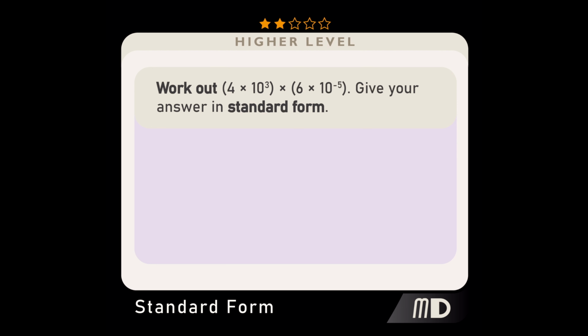We've been given the numbers 4 multiplied by 10 to the power of 3 and 6 multiplied by 10 to the power of -5. The coefficients are 4 and 6.